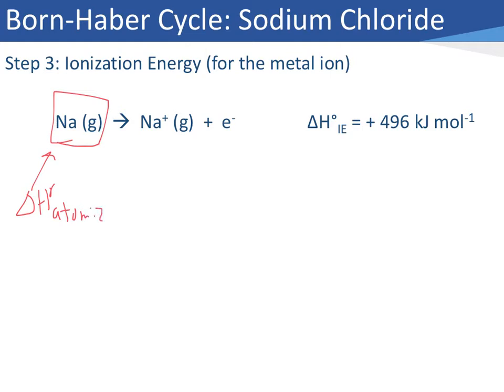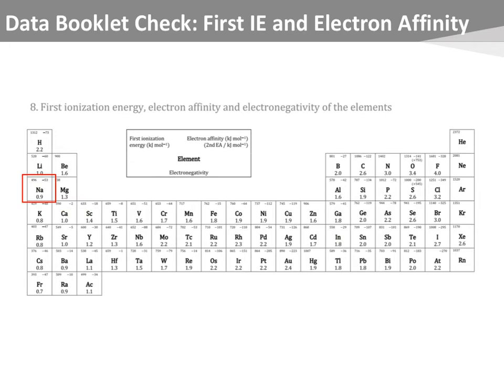It has gone through the process of atomization. So it is a gas. The amount of energy it costs to remove that electron is 496 kilojoules per mole. Again, this value can be found in the data booklet. It is 496 kilojoules per mole, just as stated.